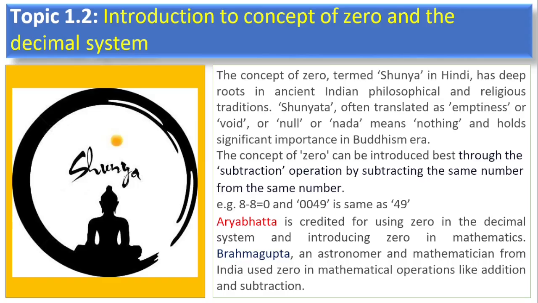So here we see one very remarkable invention in the ancient times in India, which was very specific to India, and no contemporary civilization used this idea, which is the idea of the zero.